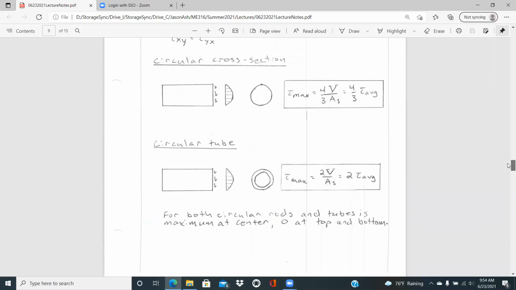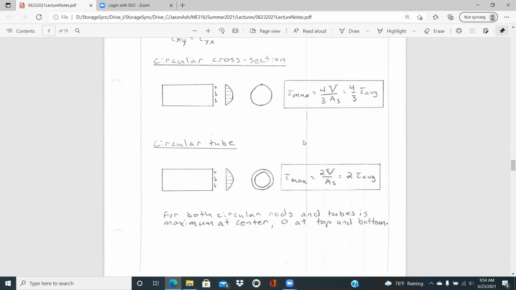Similar relationships can be defined for a circular cross section. That's a solid circular section. It's not as severe as a rectangular section for the magnitude of the maximum shear stress in relation to the average shear stress. It's 4/3, so a 1.33 instead of 1.5.